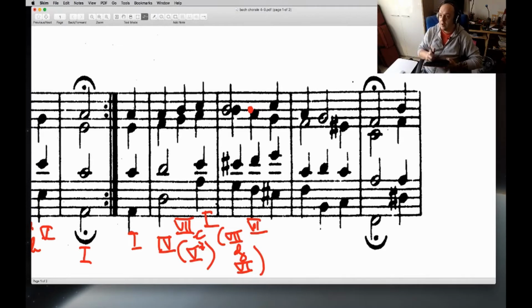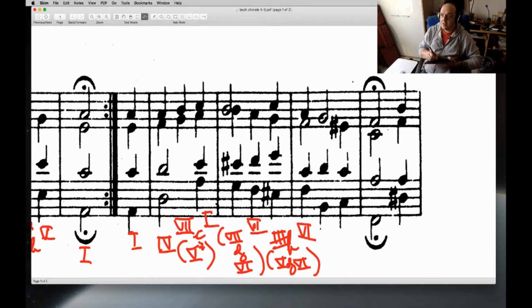So what I have is 7 of 6, 6 with that dissonance in the soprano, and this is just a plain 3 chromatic in first inversion, functioning again as 5 of 6. That 3 chromatic works as expected and goes to 6 right here.